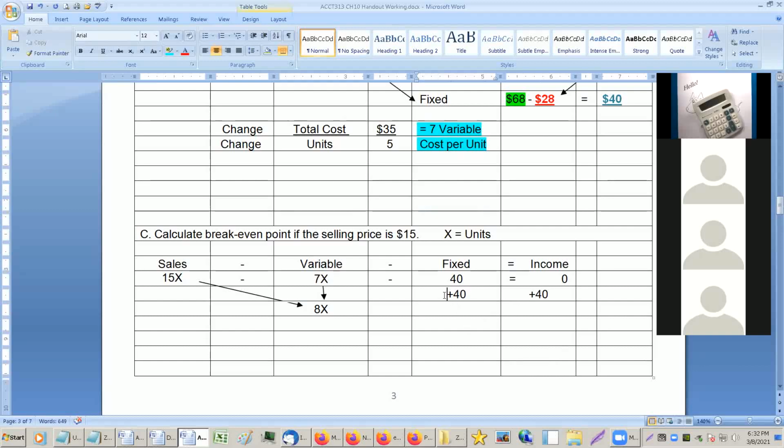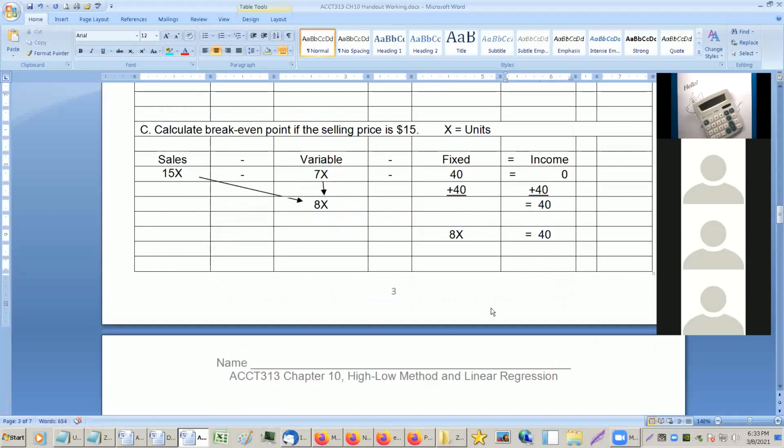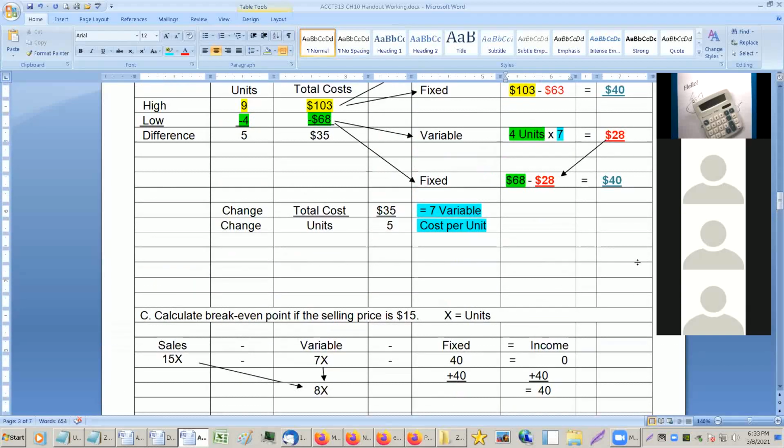Okay, so that ends up being 0. This equals 40. And I'm just going to get these two closer together. 8x equals 40. I think I put this on the test as extra credit, if I'm not mistaken.